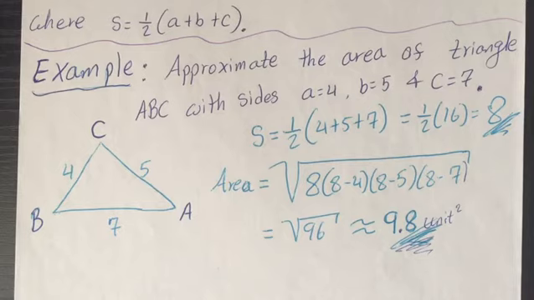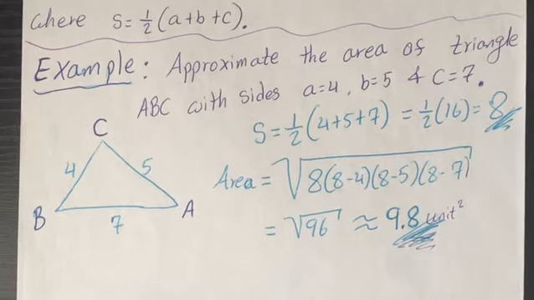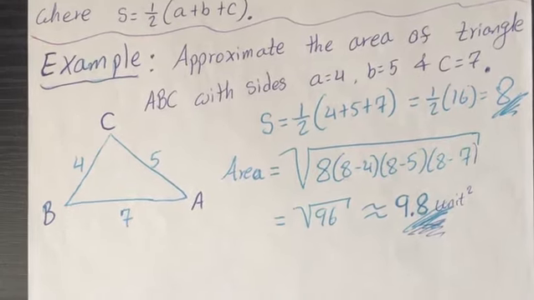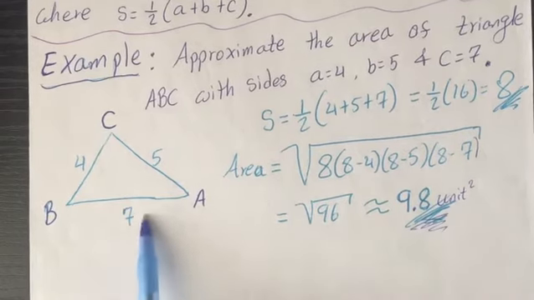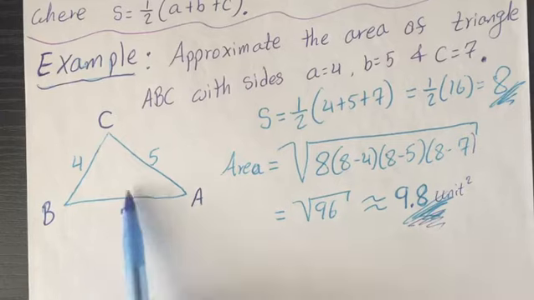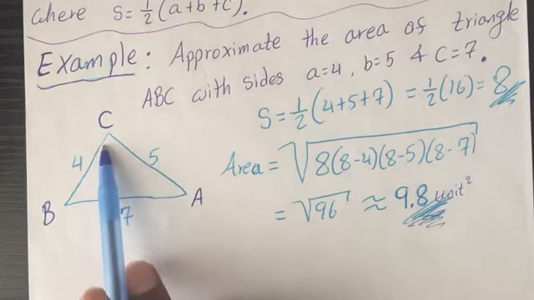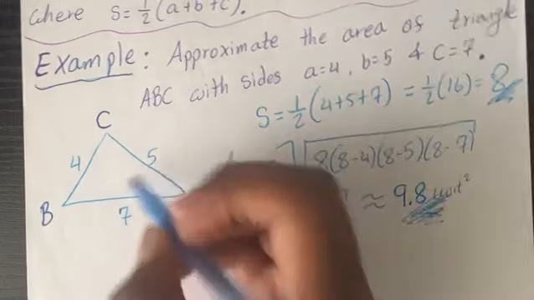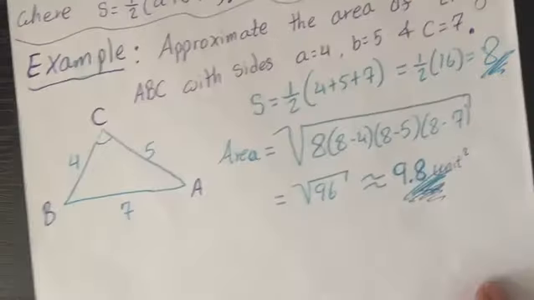In this case, I would always find the angle across the biggest side. The biggest side is right here, so I would find angle C first, because that would be the largest angle.